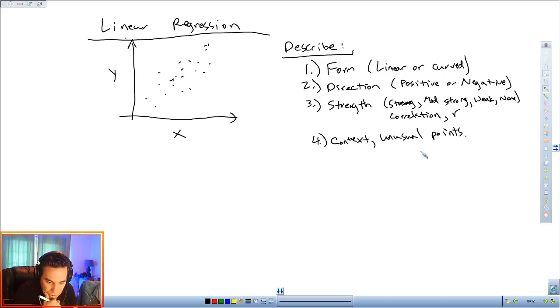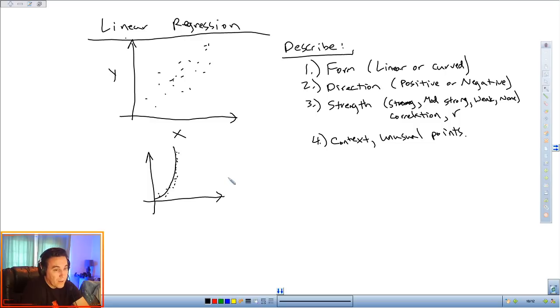I've been saving this question: does strength only count for linear? Correlation only counts for linear. You can have strength for a curve. Like if I gave you a scatter plot and it looked like this, that's strong for a curve. I'm not going to use correlation, I'm not going to use the R. I'm going to say it's a strong relationship for a curved form.